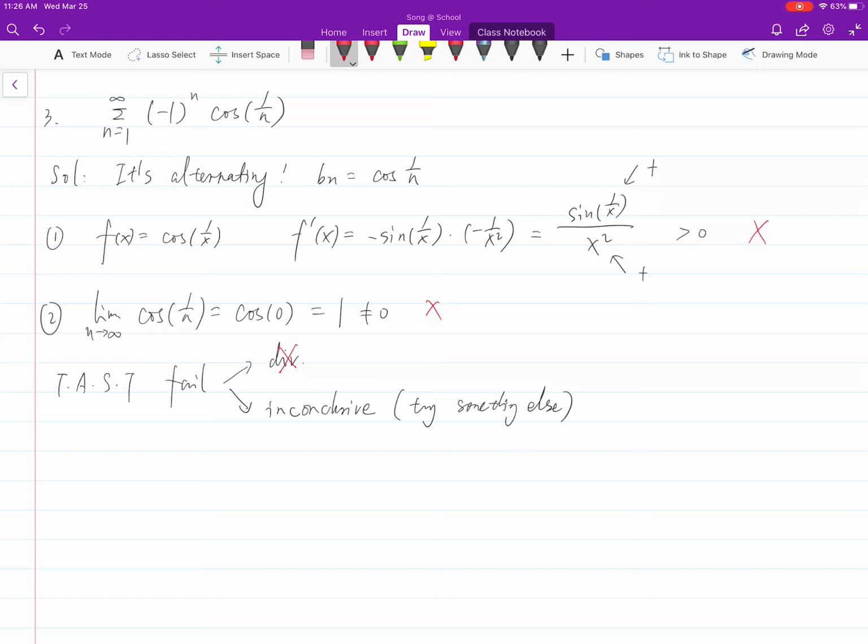Now let me try something else. If you really want to say something's divergent, I probably need to try some test to say it is divergent firmly, instead of saying it is divergent simply because I cannot show it's convergent. So a reasonable approach is to say inconclusive, which means we should try something else. In general, it is difficult, but for this one, it's doable.